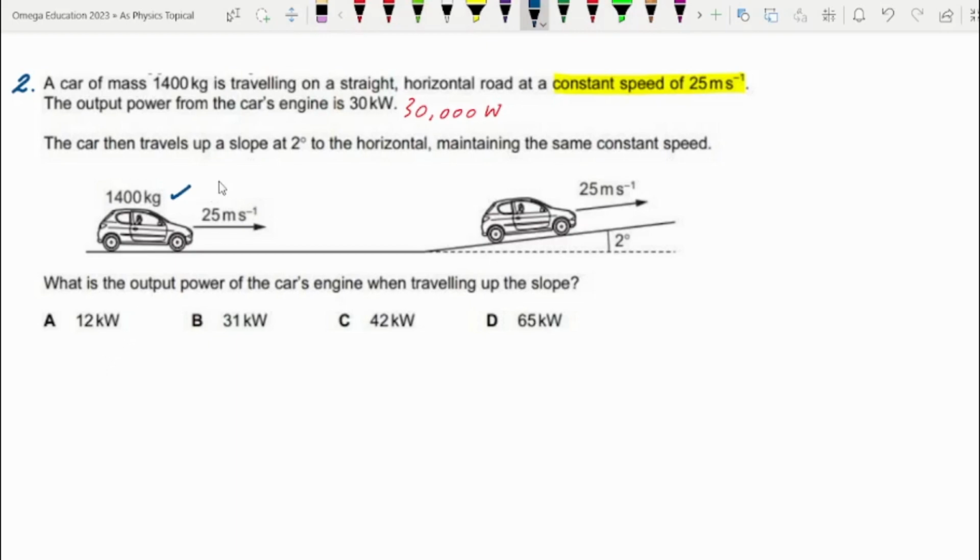So the forward force, let's call it the driving force. We can call it FD.